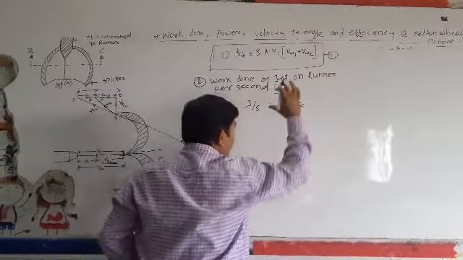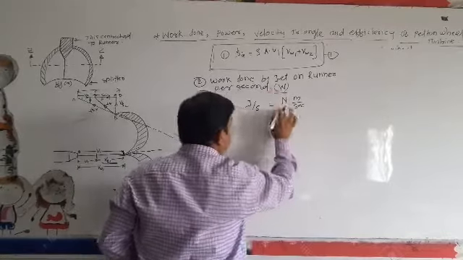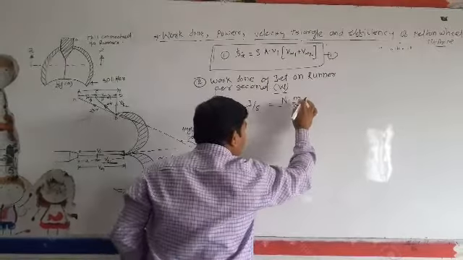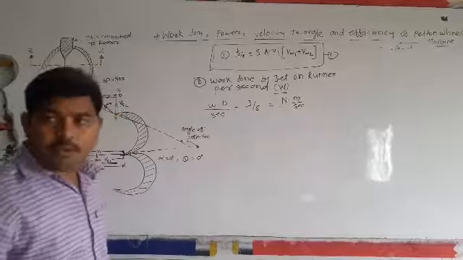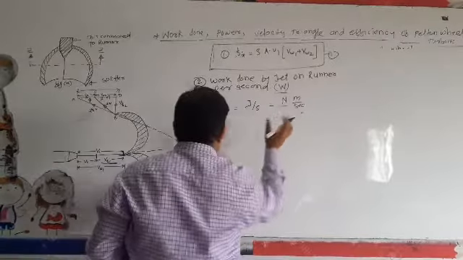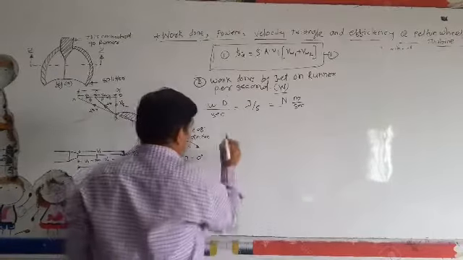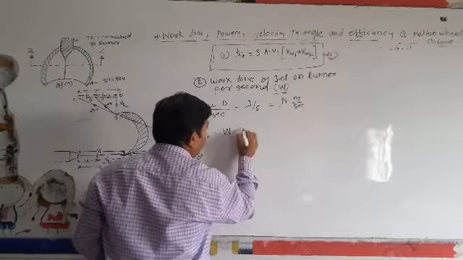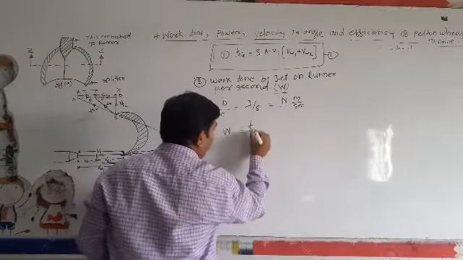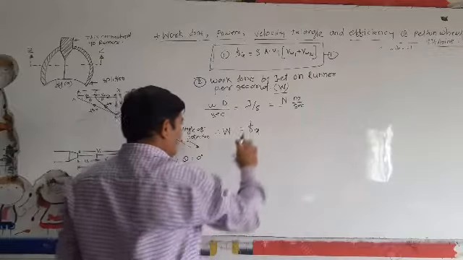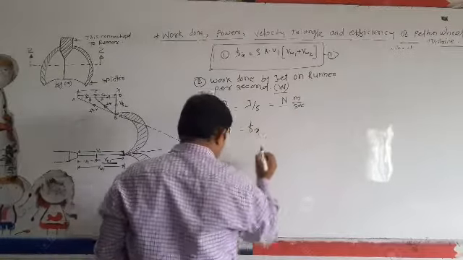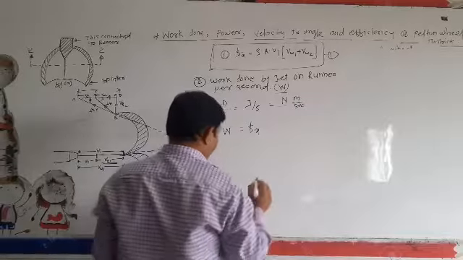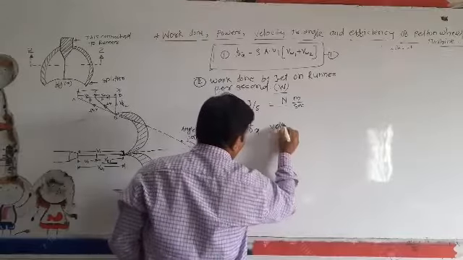From this unit, Newton is the unit of force and meter per second is velocity. That means we can write work done is equal to Fx, the force, and the velocity.